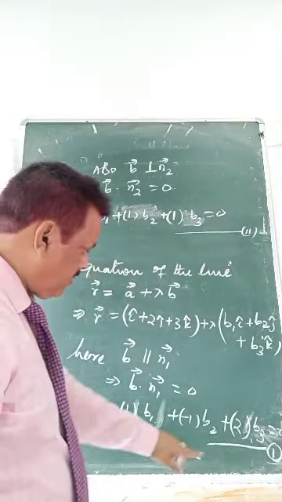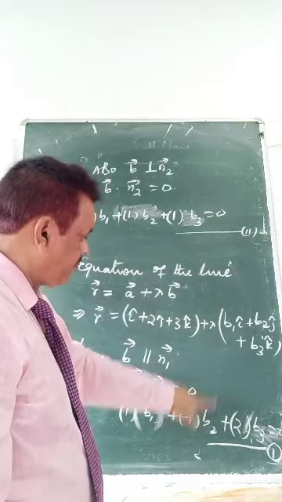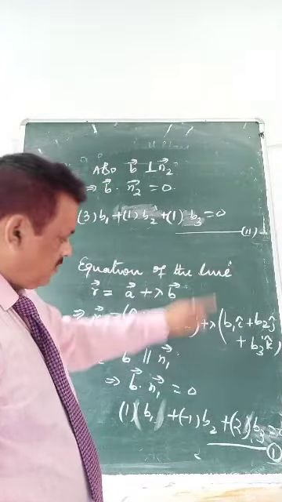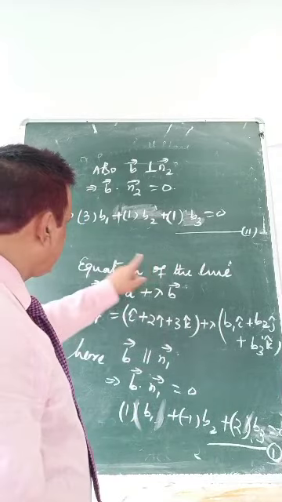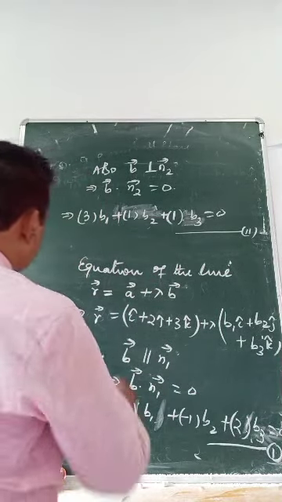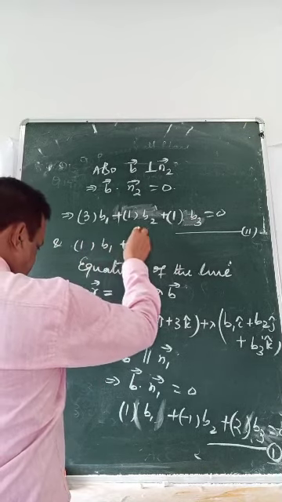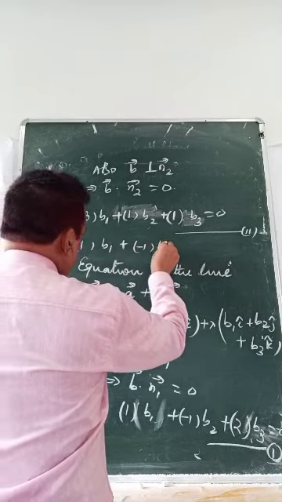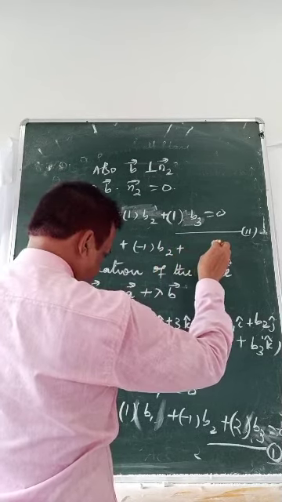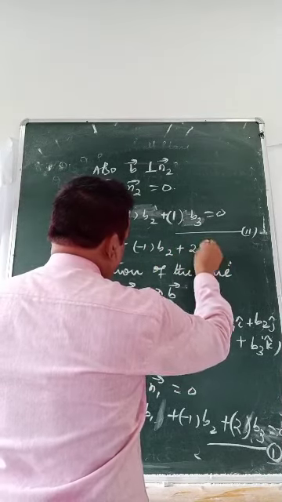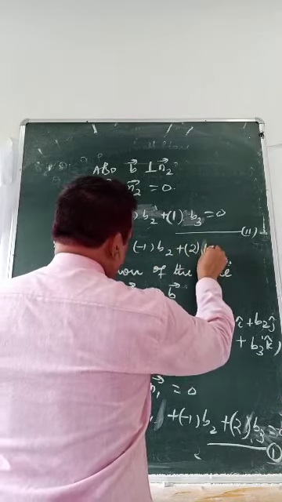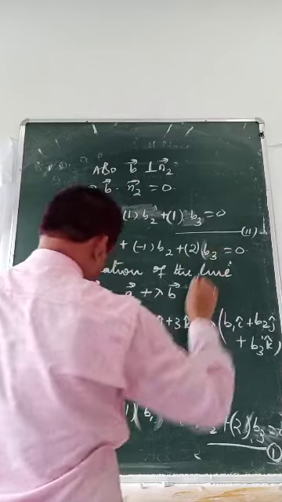So compare 1 and 2 now. How to solve these two equations? I can write them side by side: 1b1, minus 1b2, 2b3 equals 0.